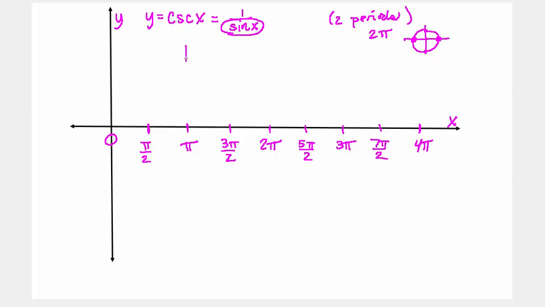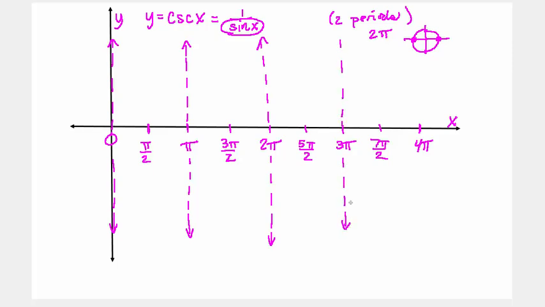So we'll have vertical asymptotes for this cosecant function at 0, which is right on the y-axis, and then adding pi from there will take us to pi, 2 pi, 3 pi, and 4 pi. All those places are where sine of x is 0.